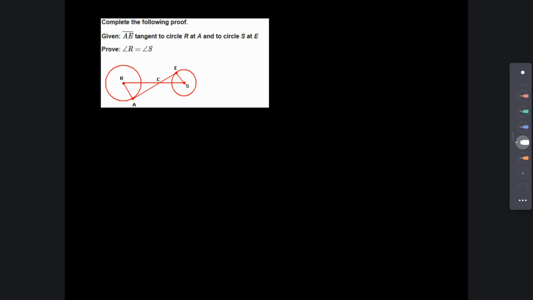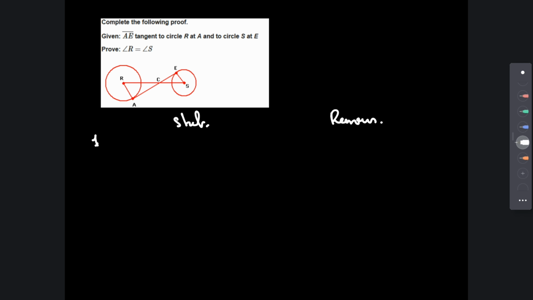Let's see another one. In this one, it says, given AE tangent to circle R at A and to circle S at E, prove that angle R and angle S are equal. So again, statements and reasons, right?